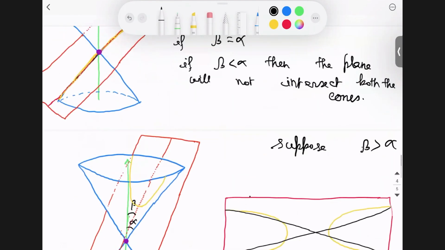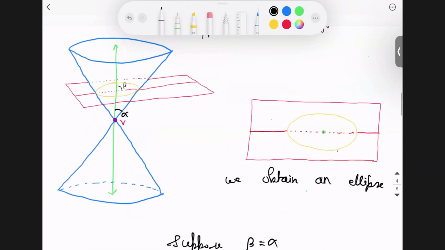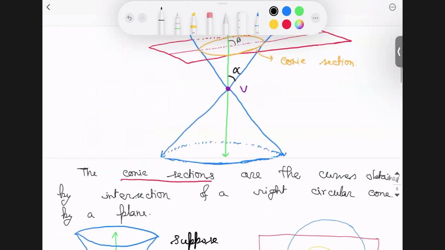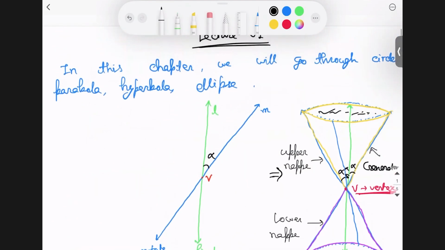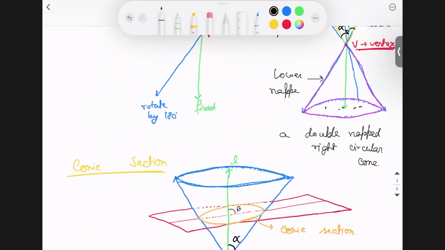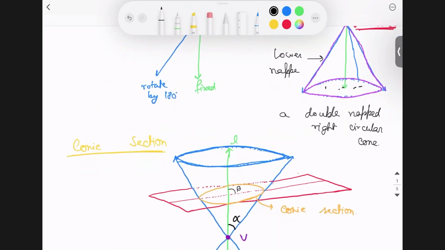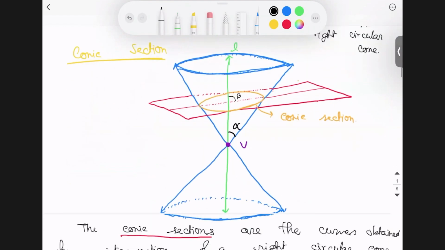So this is how we can obtain circle, ellipse, parabola, hyperbola using a plane and a cone, by the section of these two, one plane and one cone. So that's why it is called a conic section.